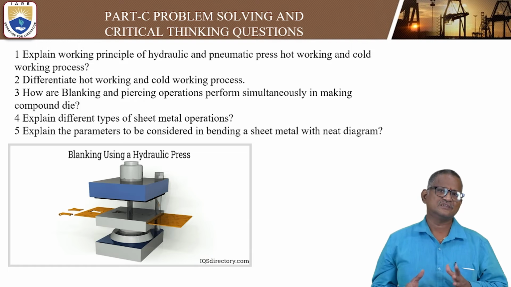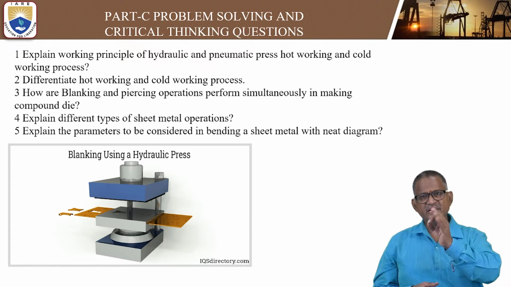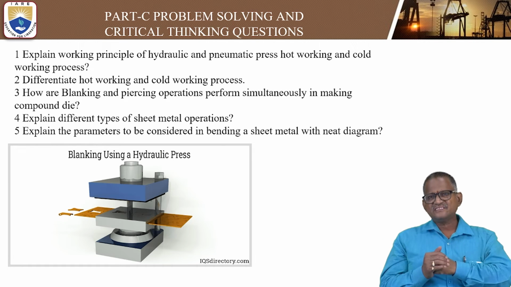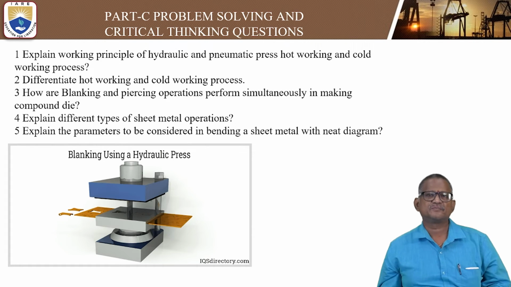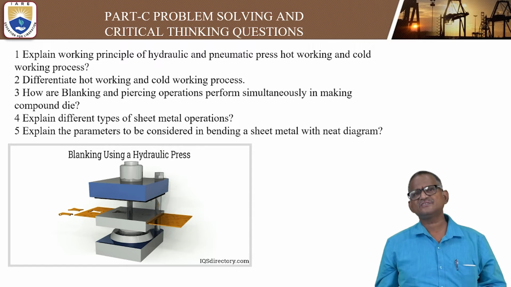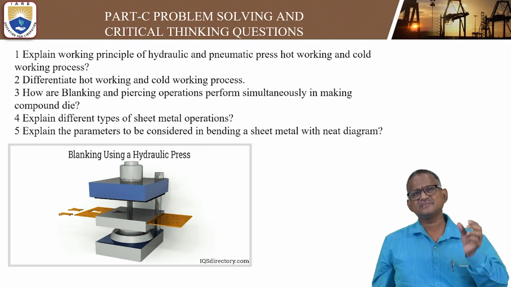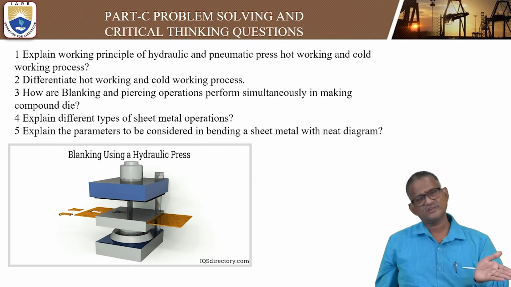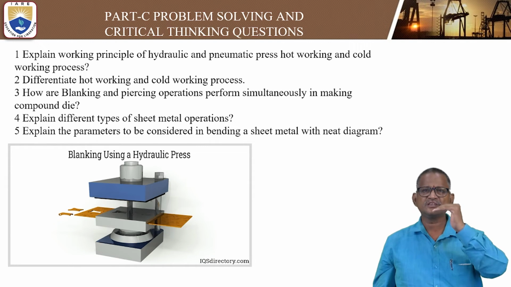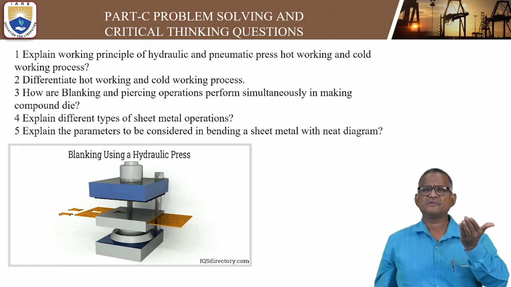The first question: explain the working principle of hydraulic and pneumatic press, hot working and cold working process. Here, first you need to understand clearly what a metal forming process is. In that, what is the difference between hot working and cold working. Then you can relate it to a metal forming process.